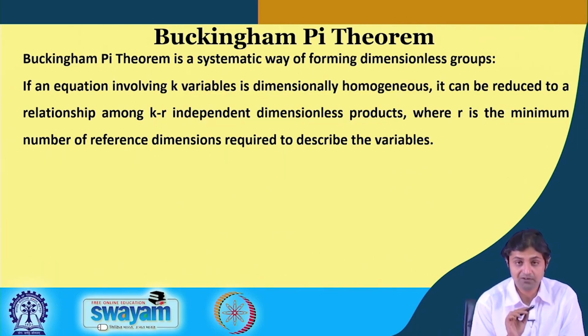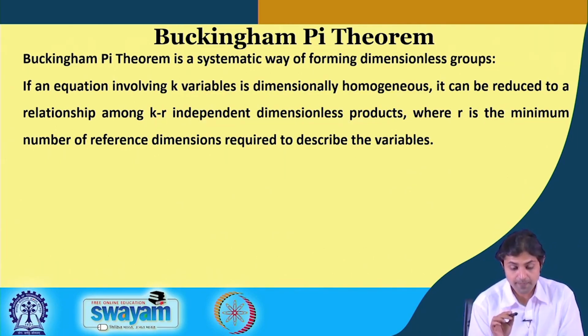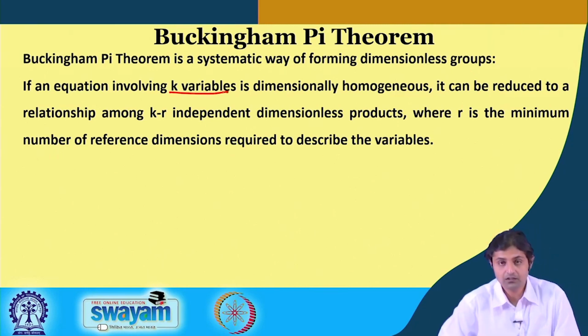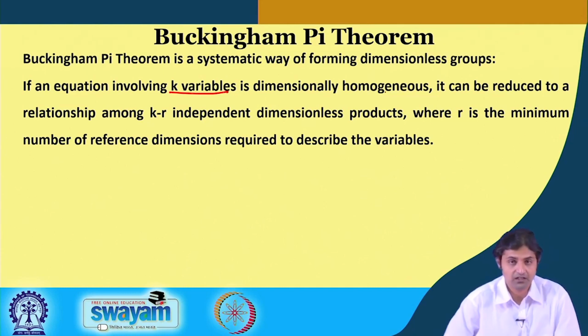Okay. So, again I am taking away the ink. I will underline the important things. If there is an equation that we have been writing before, that involves in total k variables. Of course, an equation should be dimensionally homogeneous, that is why this is there.